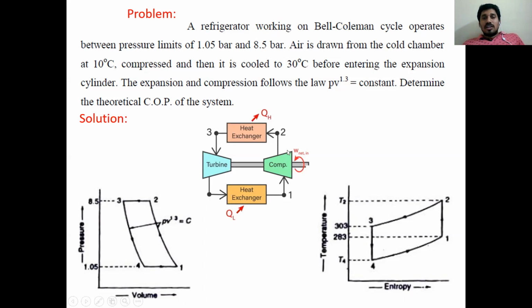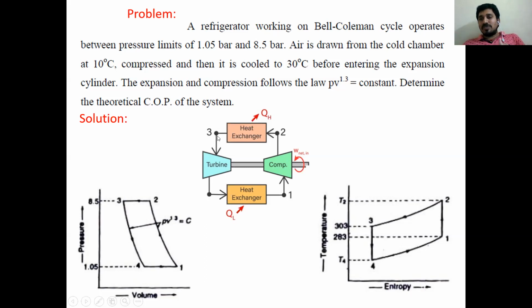After that, air is compressed, then moved to the heat exchanger where cooling takes place because heat is rejected to surroundings. Air temperature here drops. After cooling, the temperature is 30 degrees Celsius. So at section 3, they mentioned the value is 30 degrees Celsius.